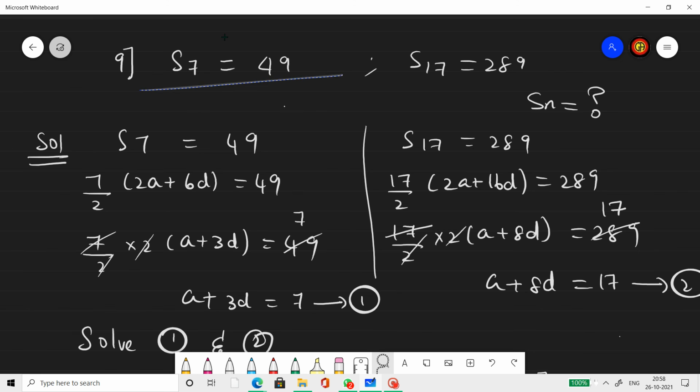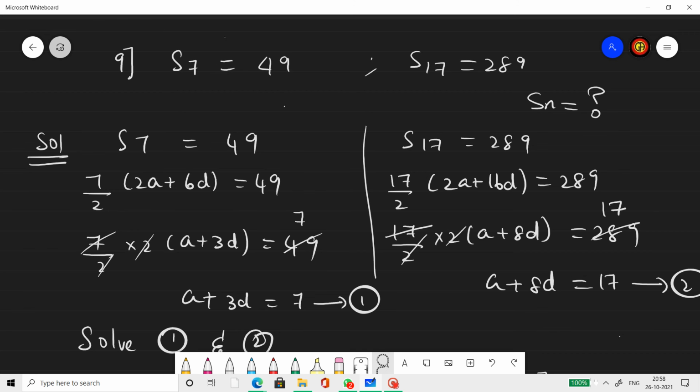So 7th term sum is 49, 17th term sum is 289, and they want us to find Sn. When they ask us to find Sn, simply Sn means in terms of n. So Sn in terms of n means A and D we need to find.